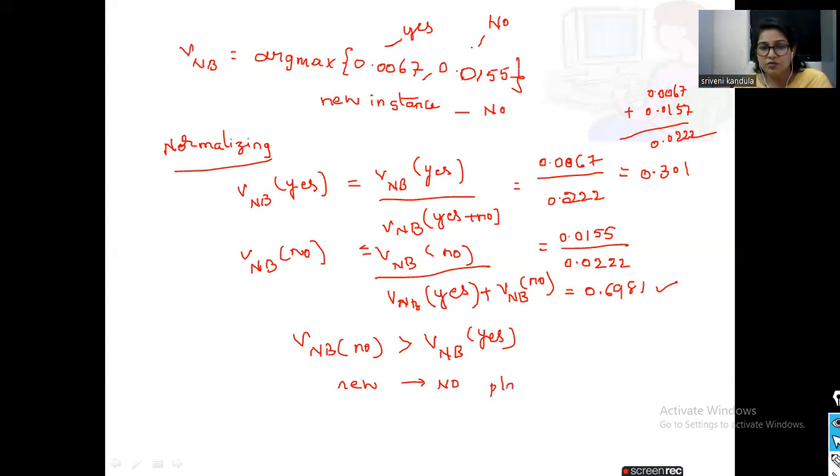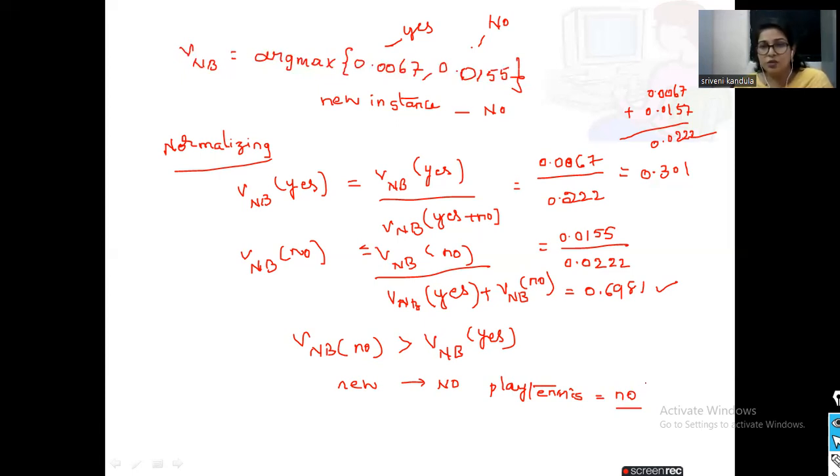So now PlayTennis for the new instance is no. That means if these are the given constraints, then a person cannot play tennis.